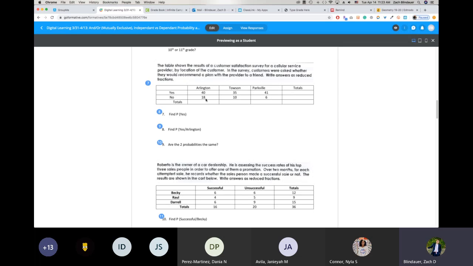So 116 over 150, which simplifies to 58 over 75. Of the 150 surveyed, there were 116 yeses. Make sure you simplify the fractions as best you can when you do these.